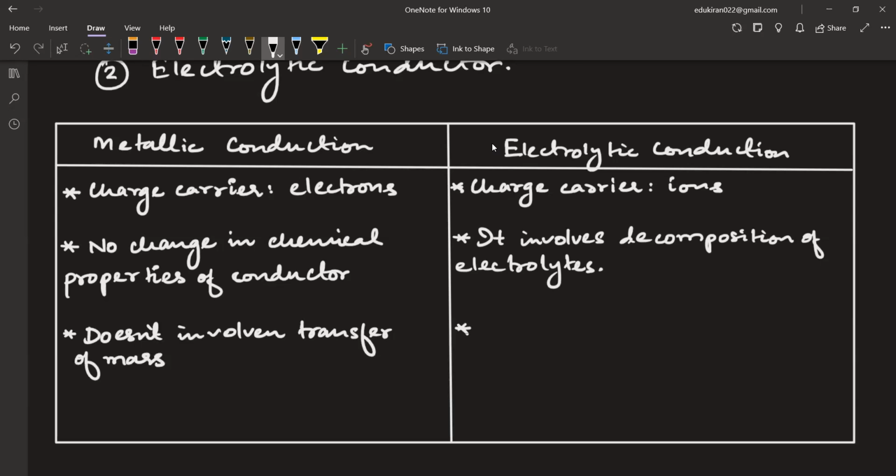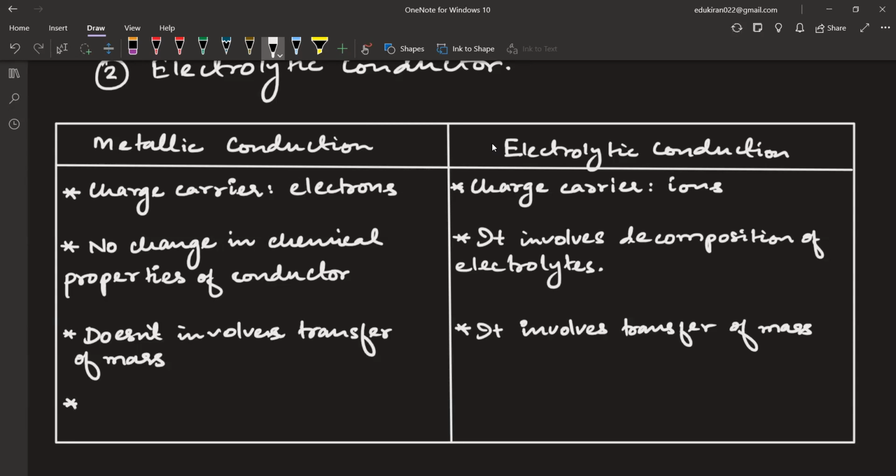Now, in this case, obviously, when the ions are getting decomposed into their compound form, there will be some transfer of mass. It involves transfer of mass.